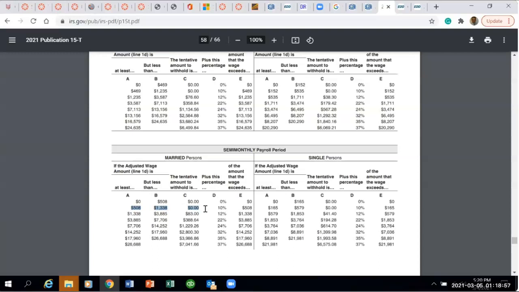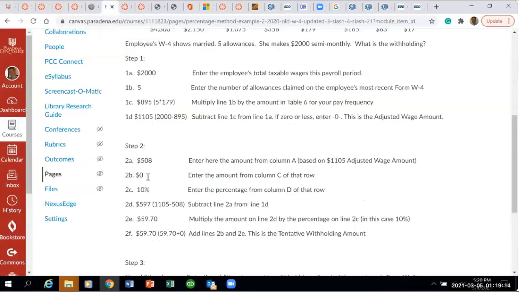So far so good. Anything above 508 gets 10%. Standard is 0, but 10% on anything above 508. So here it's 508.